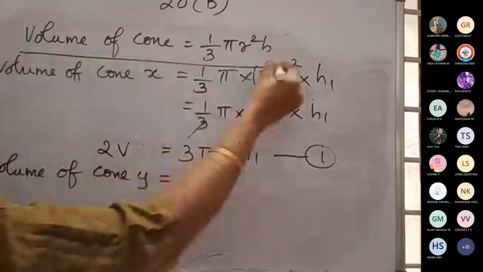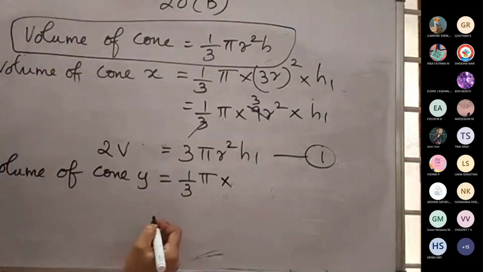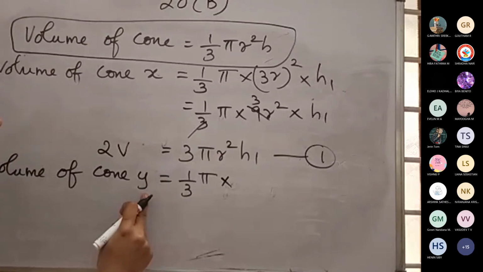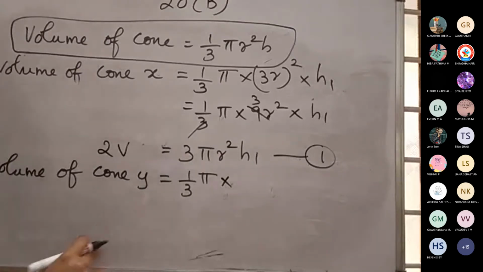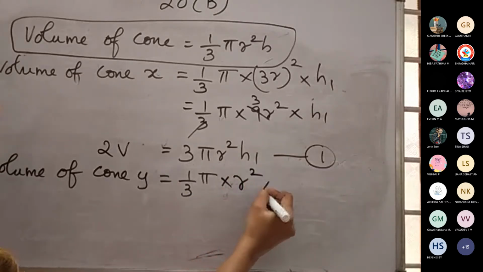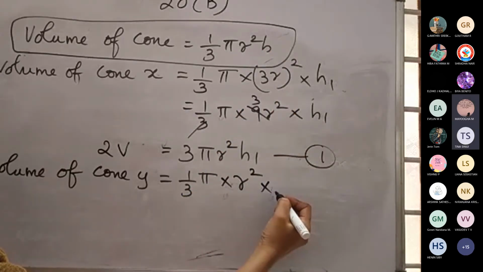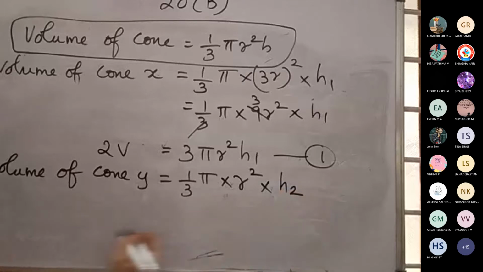Substituting, 1 by 3 pi into radius of cone y, R square, then into H2.